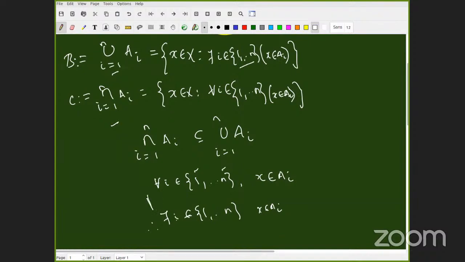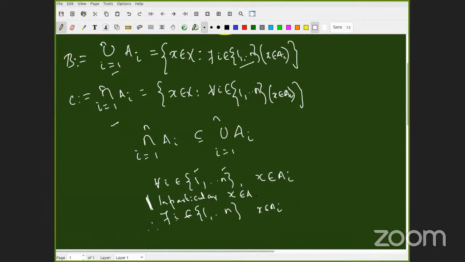There is a gap here. So I have to say in particular, I can pick one. You say which one? First one, last one, I know. In particular, X belongs to... what should I write here? Do you understand? No, still the gap is there.